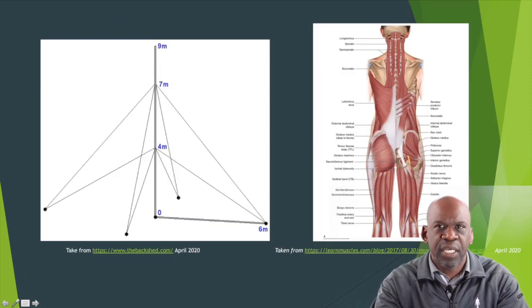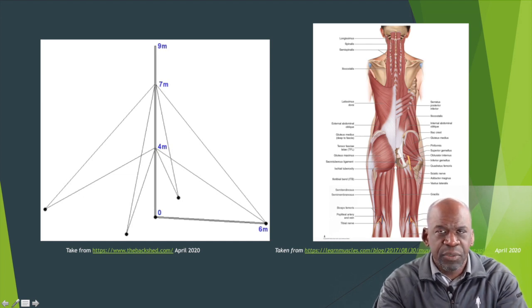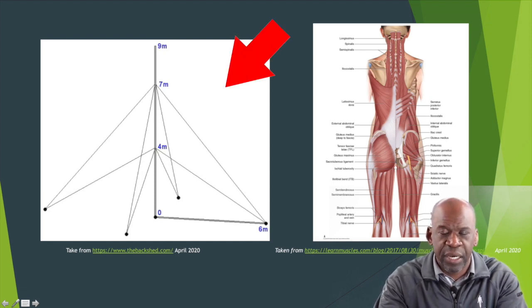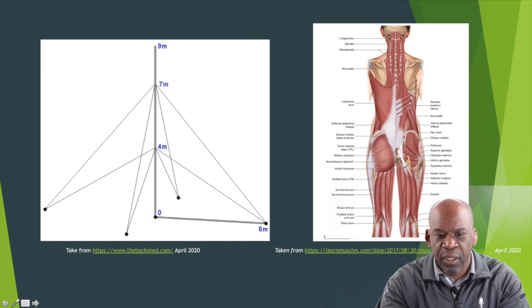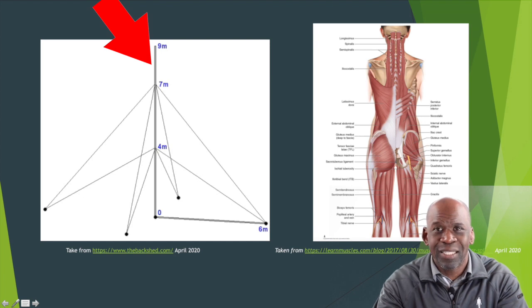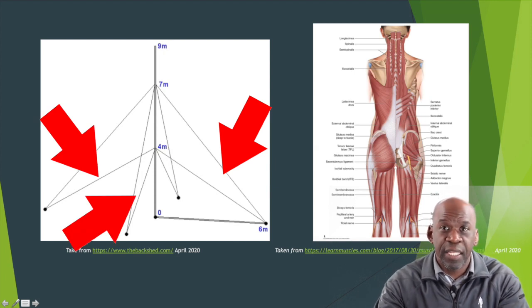When I describe to patients how these muscles contribute to the stabilization of the spine, I ask them to envision driving down a country road and looking off into a field to see a cell phone or a radio tower. The features that you'll note are that the tower is very tall and slender, and it is stabilized by many, many guide wires, which are attached to the tower and then anchored to the ground in various locations.